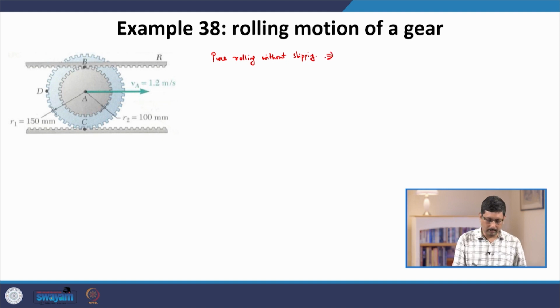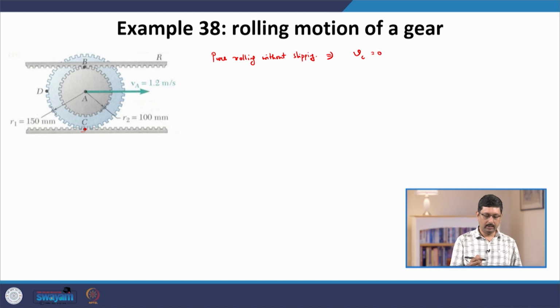That means that the instantaneous point of contact of the gear wheel with this lower rack must be 0, because it is given that this lower rack is not moving. So the velocity of the point of contact C must be 0.